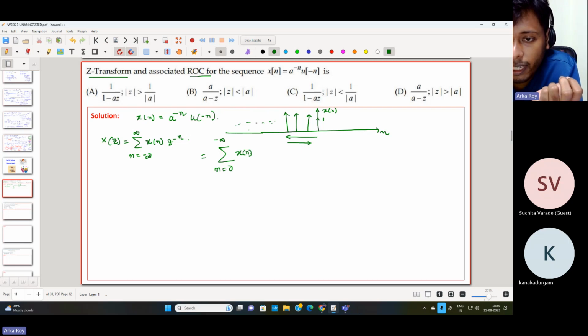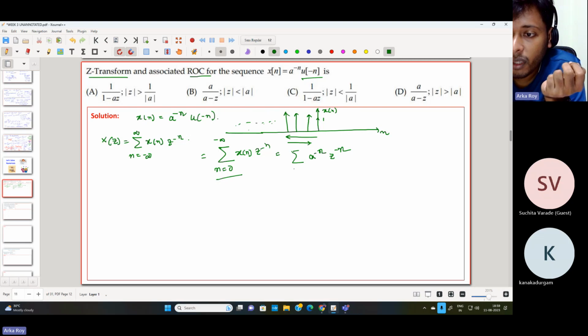So x[n] z to the power minus n. Now let me write the sequence a to the power minus n, and we have already taken care of the u[minus n] by putting the proper limit ranges. So this will be z to the power minus n, with n equals 0 to minus infinity.